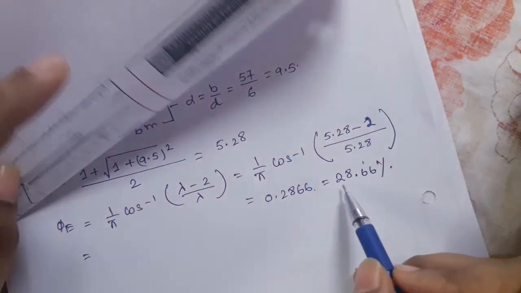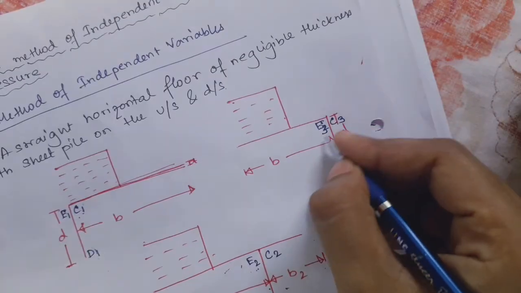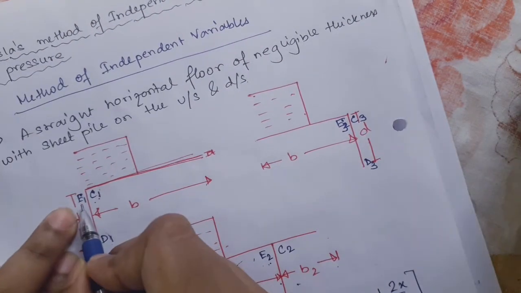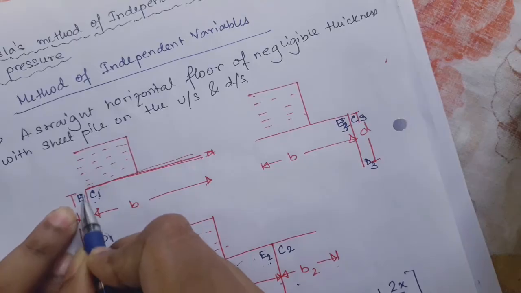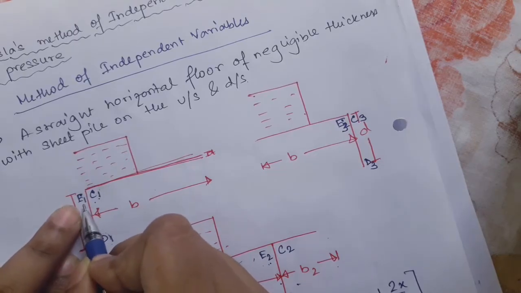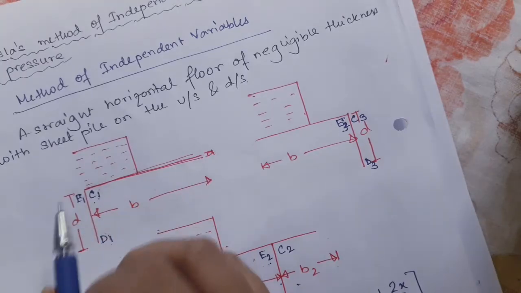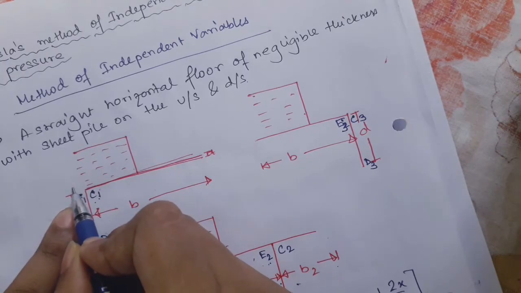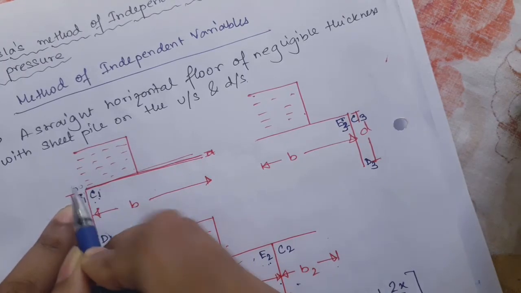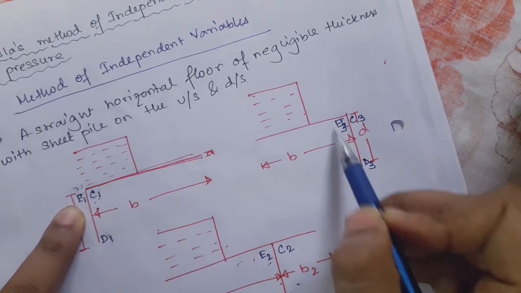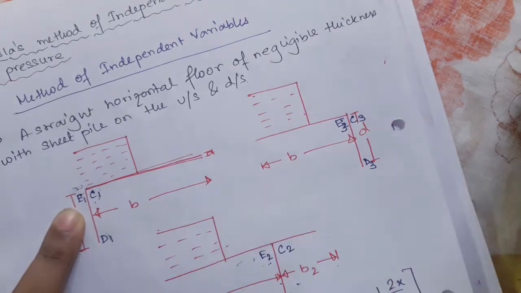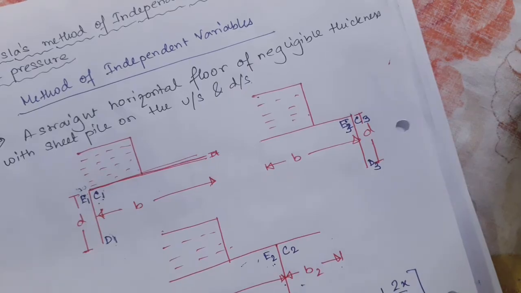So we have got 28.66% for this E point. What will it be at point C1? At this point the pressure will be the maximum, and the maximum pressure is 100, right? So 100 minus this pressure will give me the actual remaining pressure.